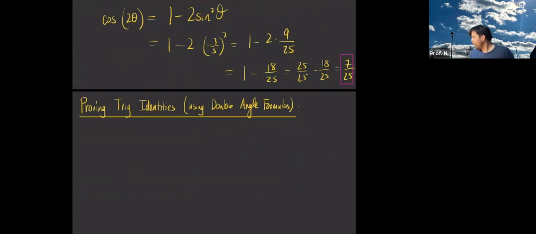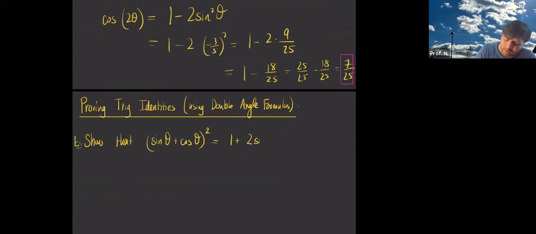I want to show, for example, that sine theta plus cosine theta, when I square this, gives me 1 plus sine of twice theta. I want to show this.